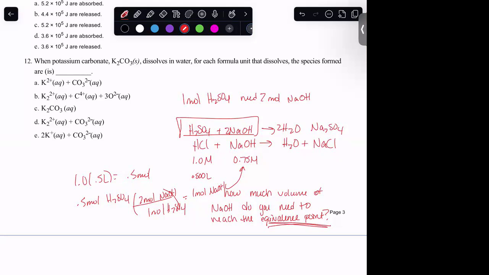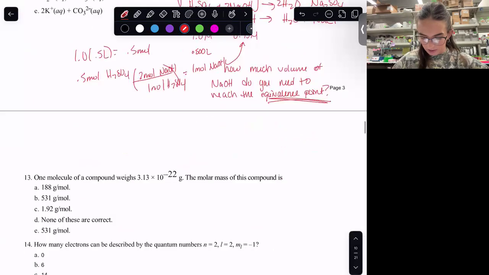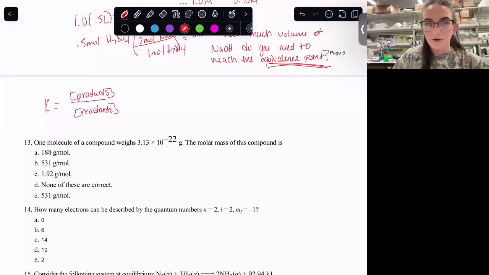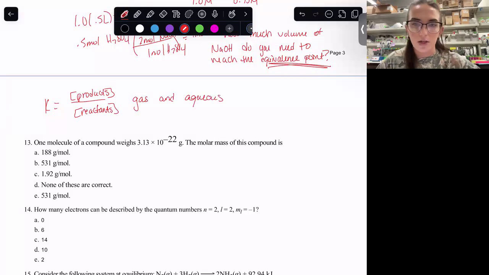Okay. I think someone asked about equilibrium earlier, and equilibrium is products over reactants. This is only for gas and aqueous, which can only go into K. So that's equilibrium.